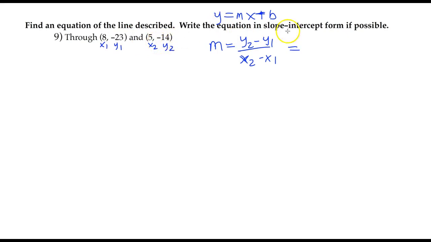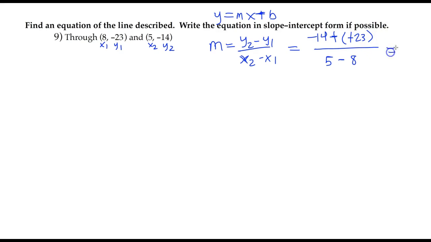And we just look and write. So y2 is negative 14 minus y1 is a negative 23. And you see how I did the parenthesis there to make sure that the negative 23 was separate from the subtraction sign, so that we know that subtract and negative is the same as addition. And we have 5 for x2 minus x1 is 8. And so now, again, like I said before, subtract and negative is the same as addition.